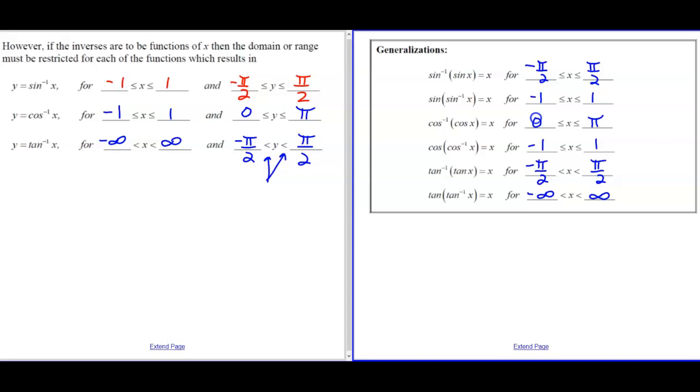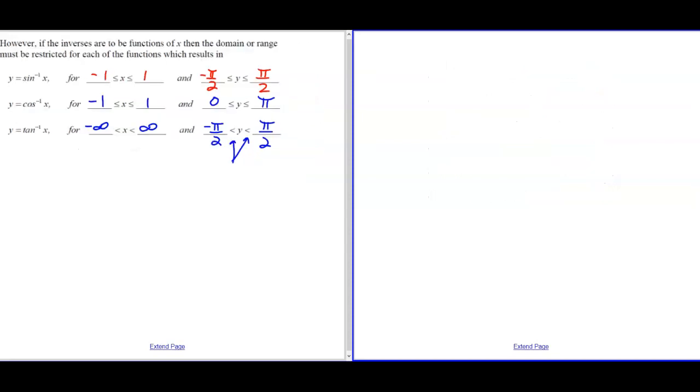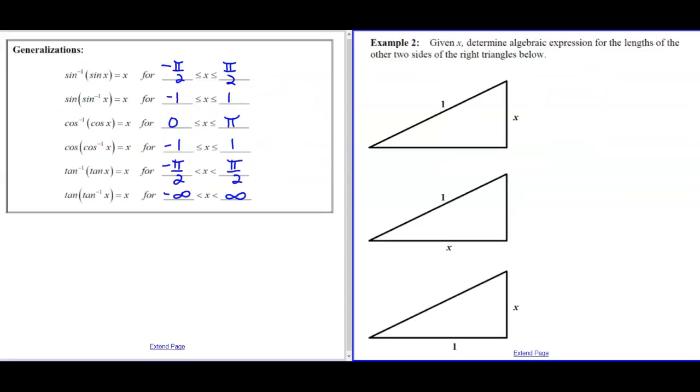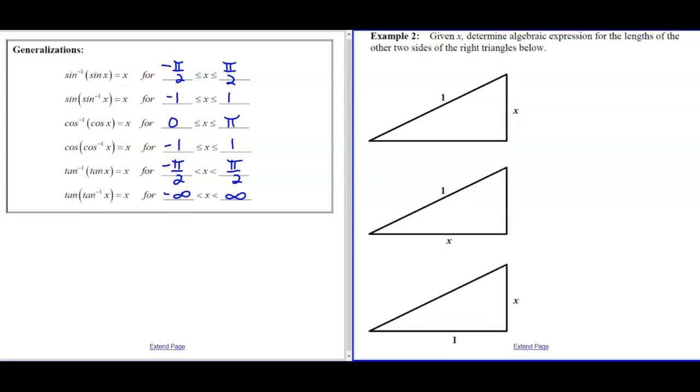Okay, so notice how all of those questions were the same trig ratio, just the inverse of the original, or the original of its inverse, exactly inverse of each other. Now we take a look at some triangles at the bottom of that page.